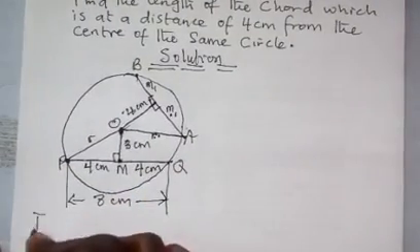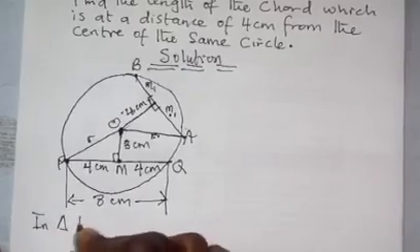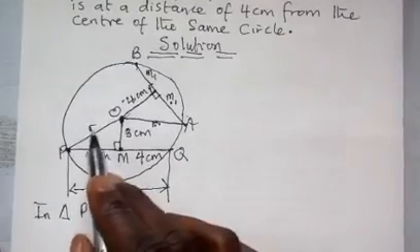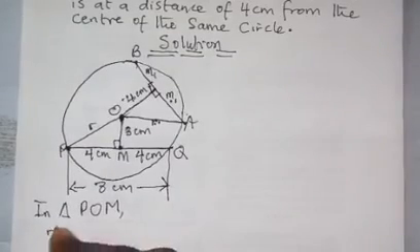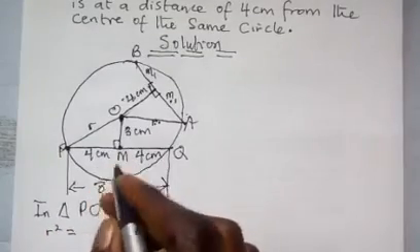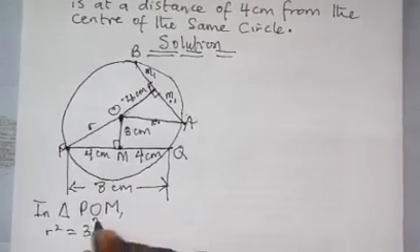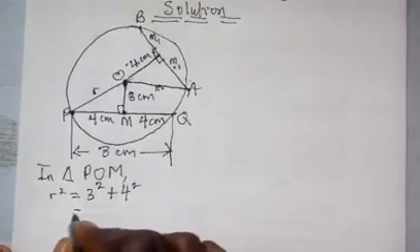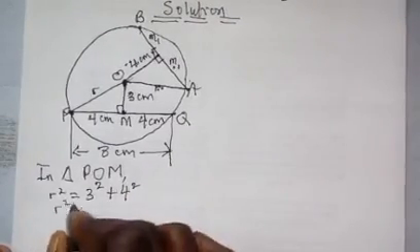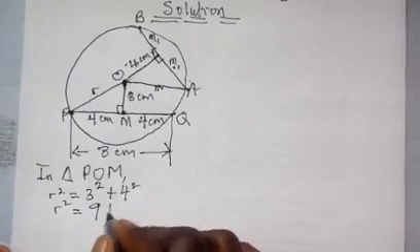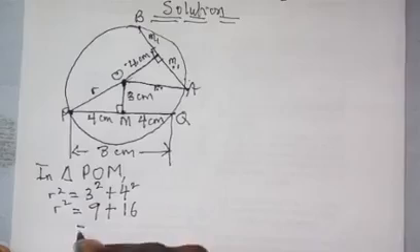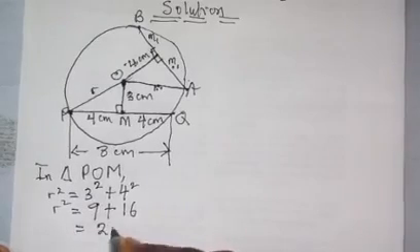So in triangle POM, we are applying Pythagoras theorem. So r squared becomes 3 squared plus 4 squared, and that will give us r squared equals 3 squared is 9, which is 3 times 3, 4 squared is 4 times 4, which is 16, and if we add both together it gives us 25.